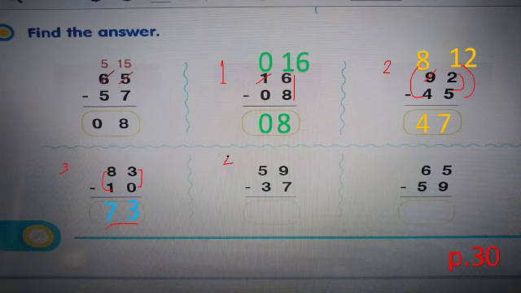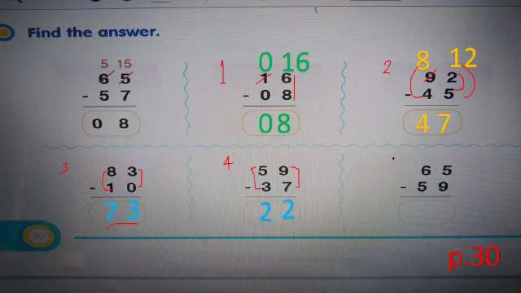Number 4. 59 minus 37. We subtract the ones, then we subtract the tens. 9 minus 7 equals 2, and 5 minus 3 equals 2. So the answer is 22.